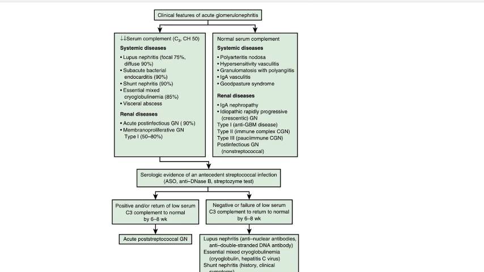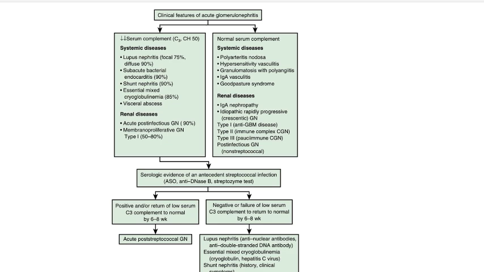Other glomerulonephritis, membranoproliferative glomerulonephritis type 1, seen in 50 to 80% of cases. So in MPGN type 1 and PSGN, these complements are decreased.